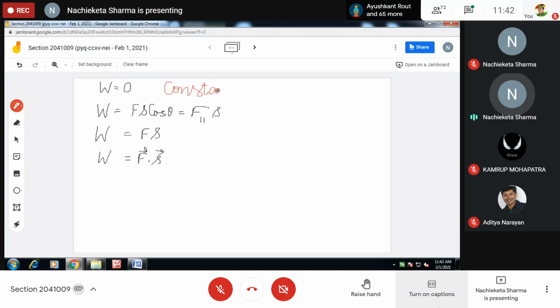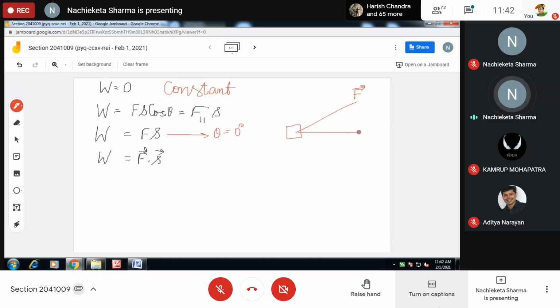When the displacement and the force are along the same direction, then W is equal to Fs, for theta is equal to 0 degree. But suppose this is the body and you are pulling it like this with a force.